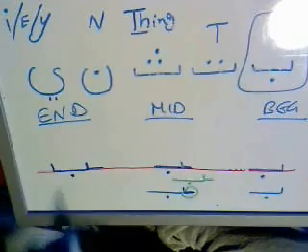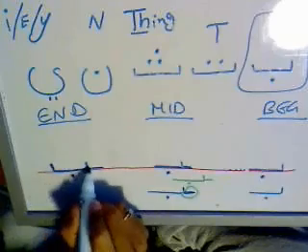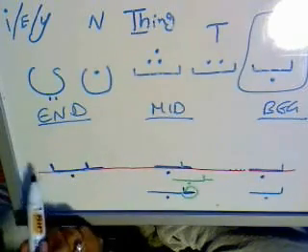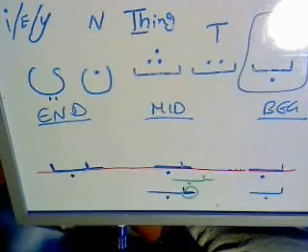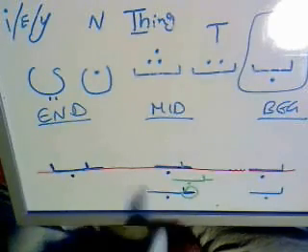Okay, I think you're right. I close it. Why do I close it? Why do I finish writing the ba? Because it's at the end of the word, so nothing has to come afterwards. The word ended.